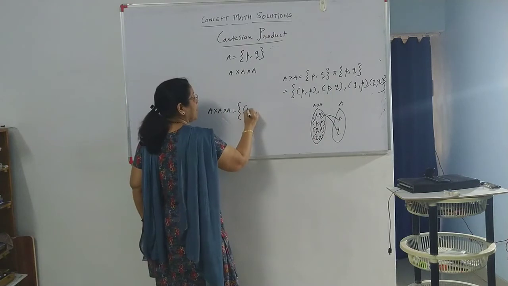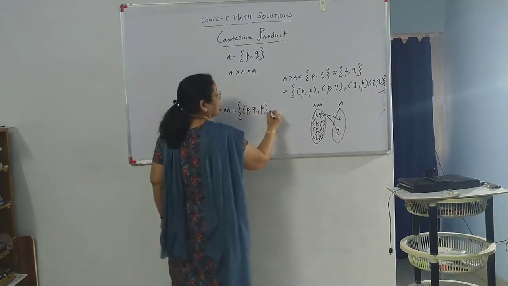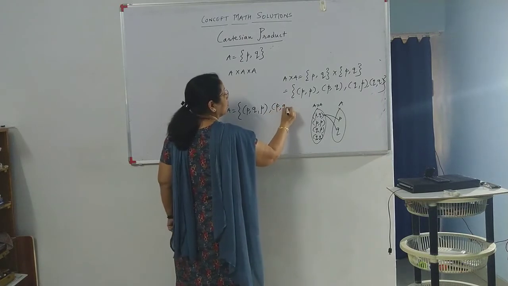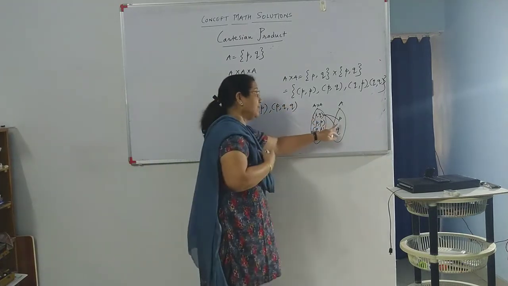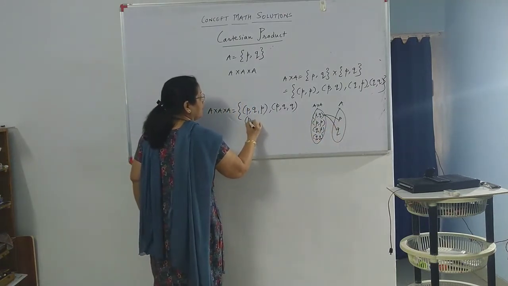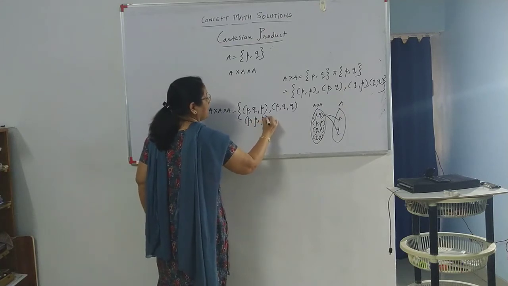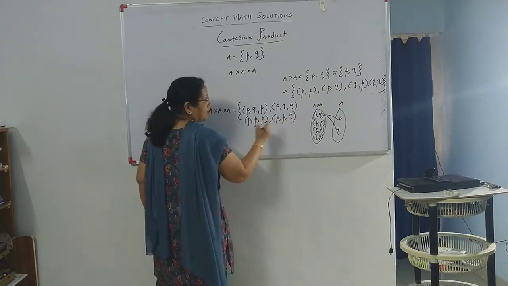So how do we write that? PQP, right? Then PQQ, go systematically, go in order. First element, then these two. Second element, then these two. So then I have P comma P comma P, then P comma P comma Q, right?